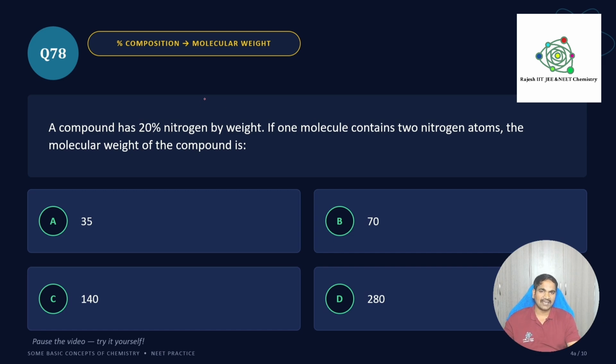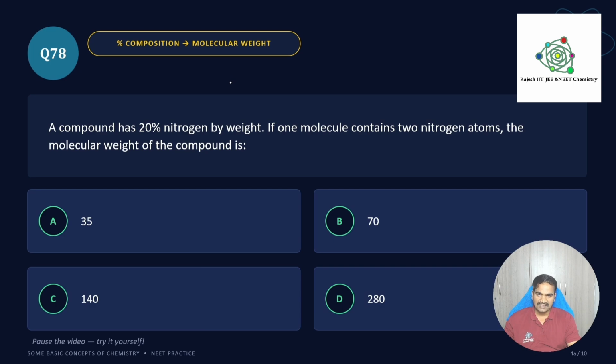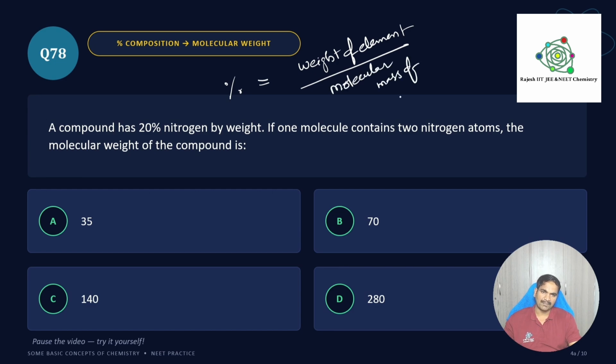You see this very simple model. Here, the percentage relation: the percentage of an element is equal to the weight of the element in that compound divided by the molecular mass of the compound, into 100.